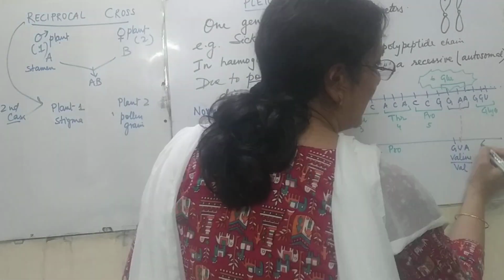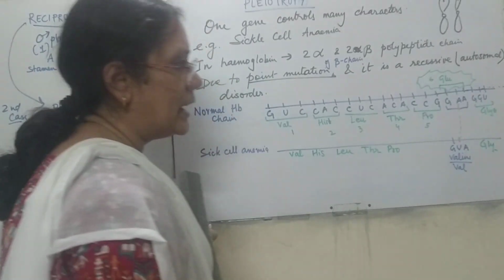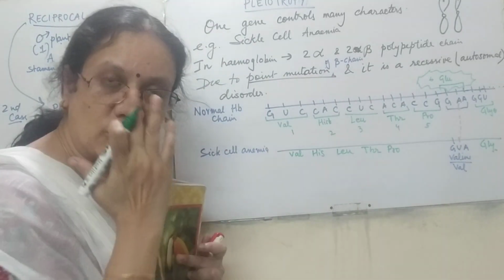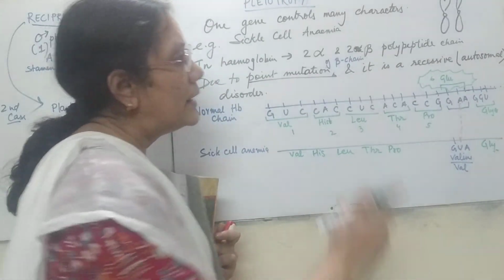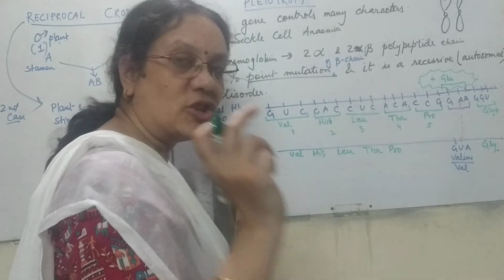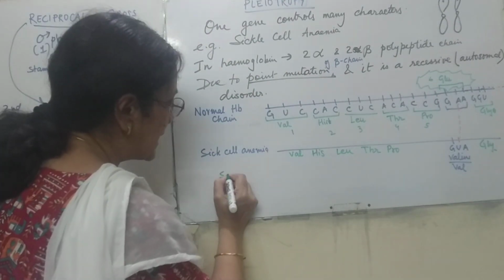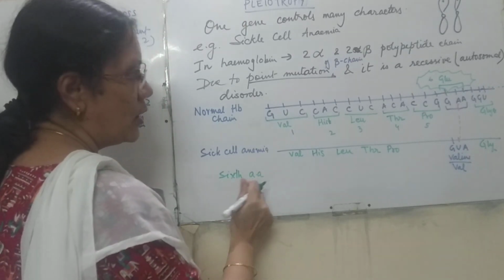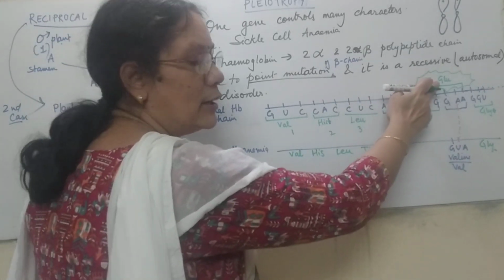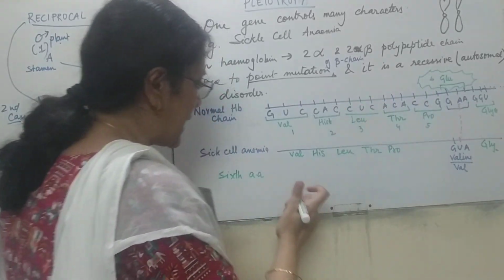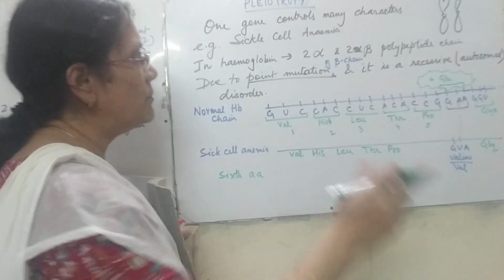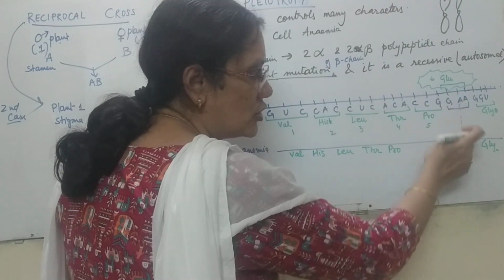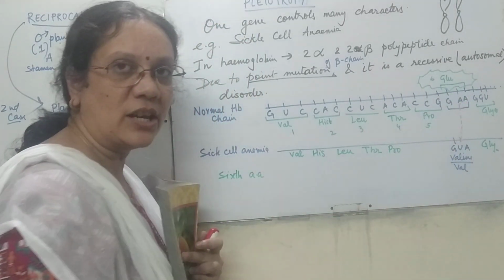Is it clear? So what did we see? The entire sequence of nitrogenous bases is the same. There is only one change, in the 6th amino acid, the glutamic acid. There is a point mutation, that means only one nitrogenous base gets changed.